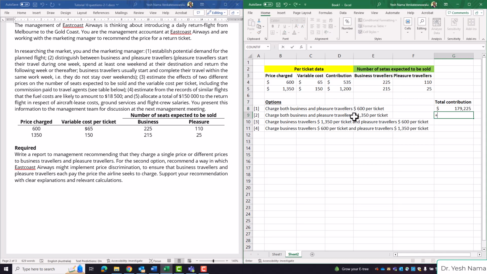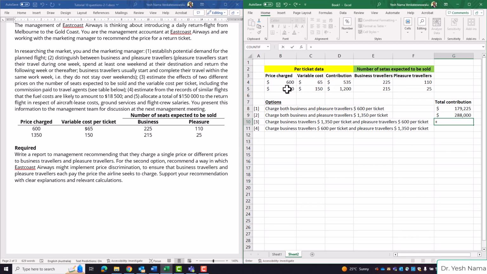Option 2 is to charge $1,350 per ticket. In this case, the contribution per ticket is $1,200, and we multiply this by the total number of business and pleasure travelers to get a total contribution of $288,000.